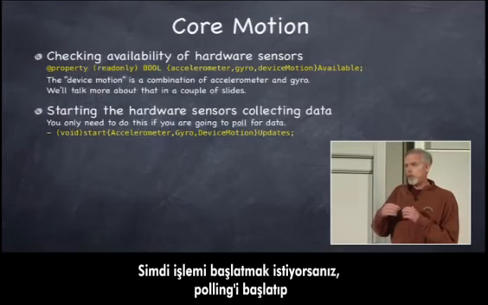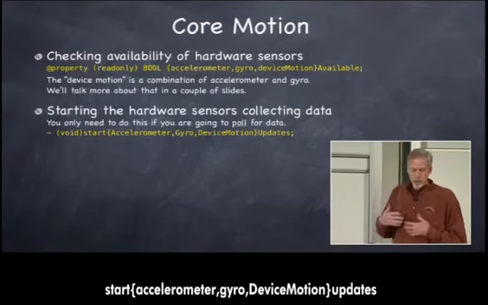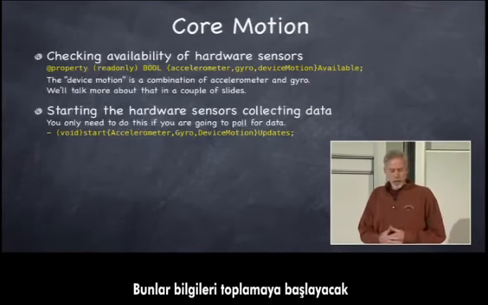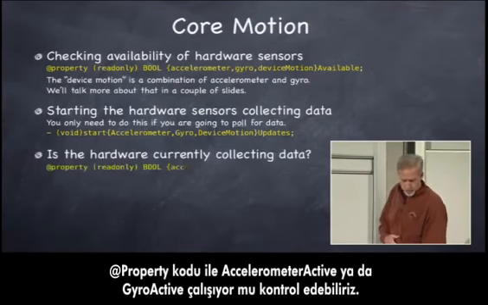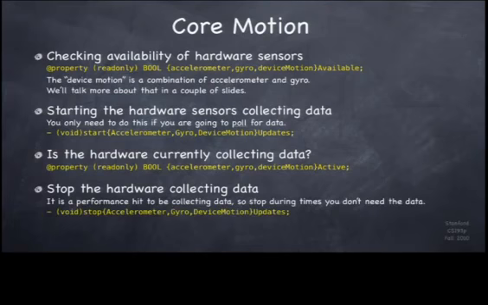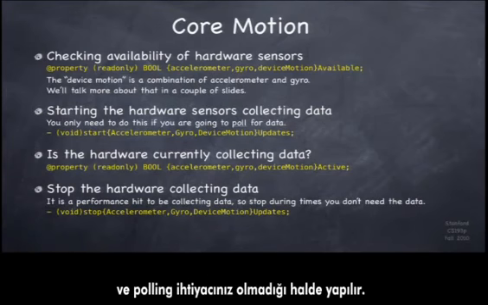If you're just going to start it going and poll, you call start accelerometer updates or start gyro updates, and then it'll start collecting that information. You can find out whether it's doing that with accelerometer active or gyro active. When you're done collecting samples, you want to make sure you stop it, because you don't want the OS unnecessarily collecting all this data that you might be polling on when you're not actually doing anything.